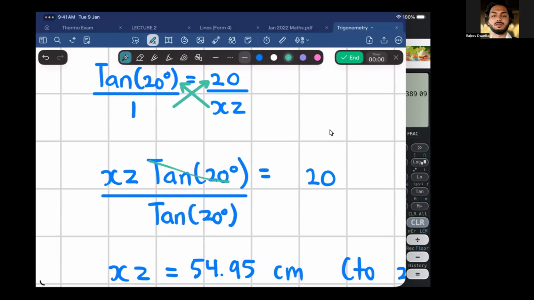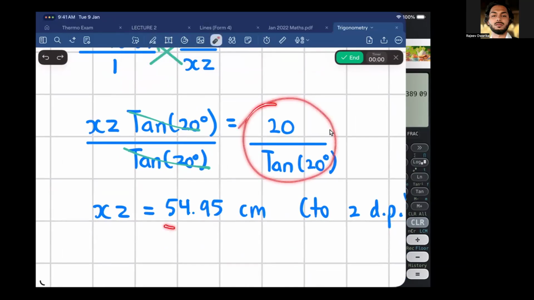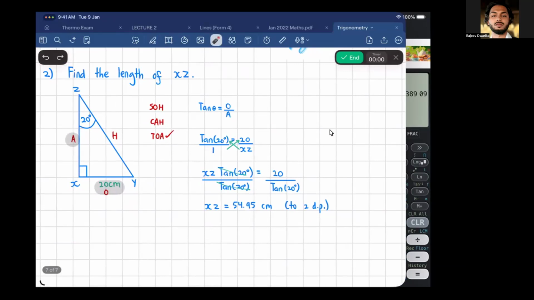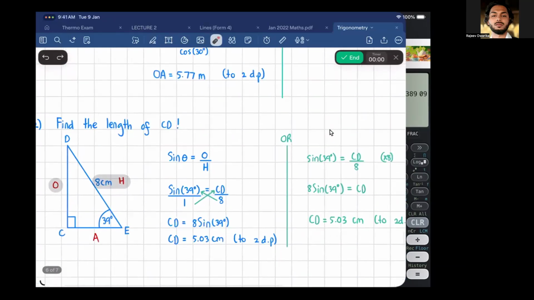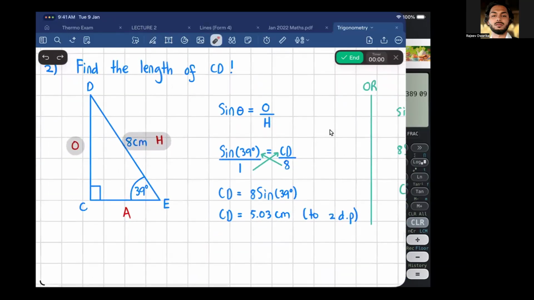And if I do this, it's going to cancel off. And if I do something on one side, I also need to do it on the other side. So xz is going to be 20 over tan 20. If you plug this into your calculator, you'll get 54.95 centimeters. And that's it. Anytime we're doing trig ratios, we typically do cross multiplication.